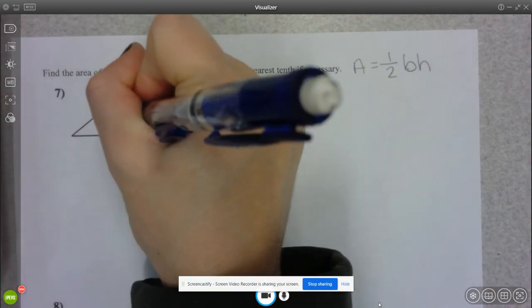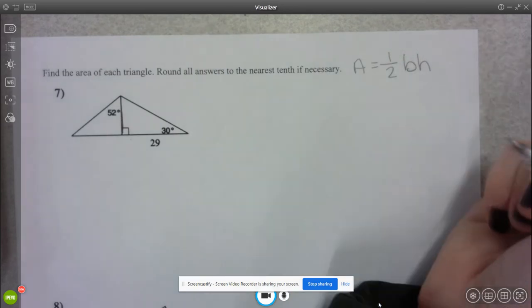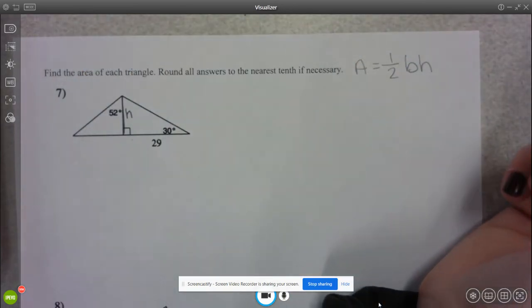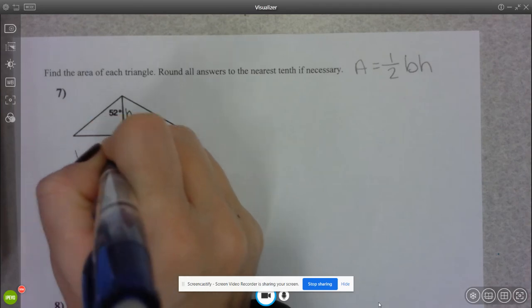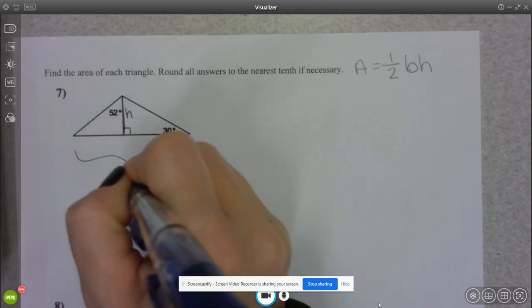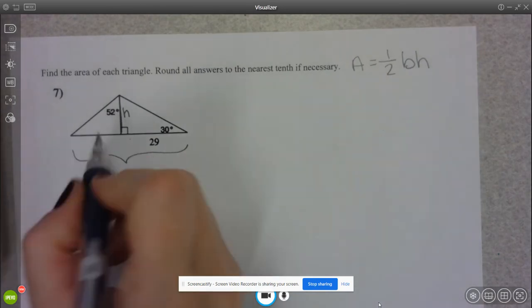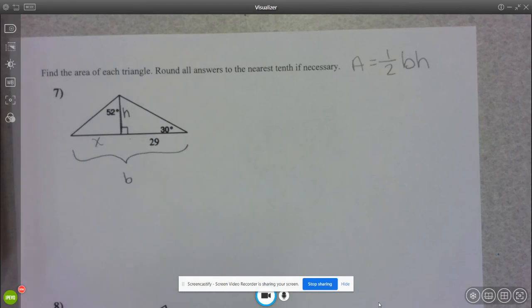It's this vertical piece here. So this is my height. And this whole piece is our base. We don't have everything we need yet, because I need this piece in order to find the whole base. I also don't have the altitude or the height.